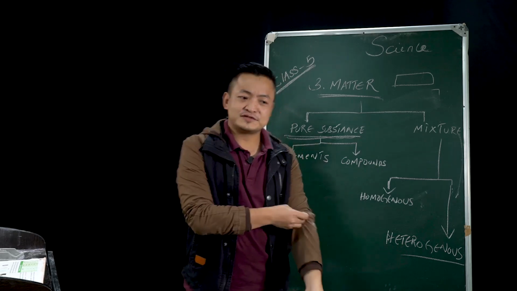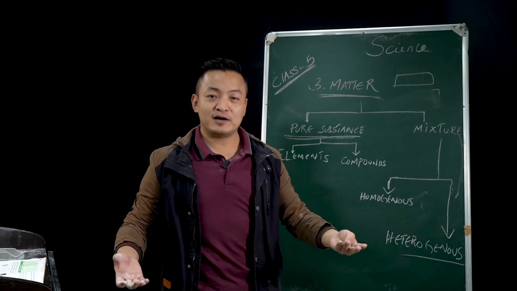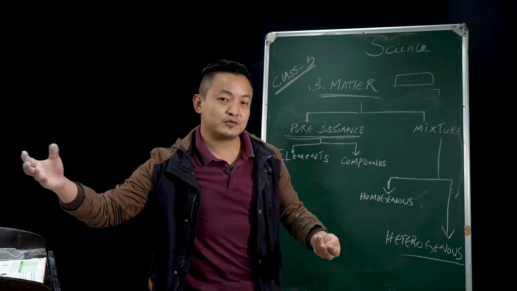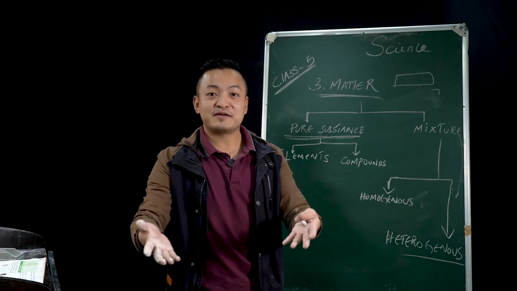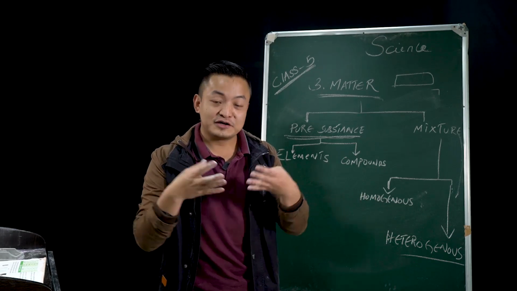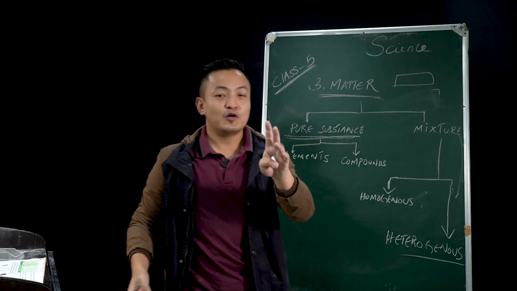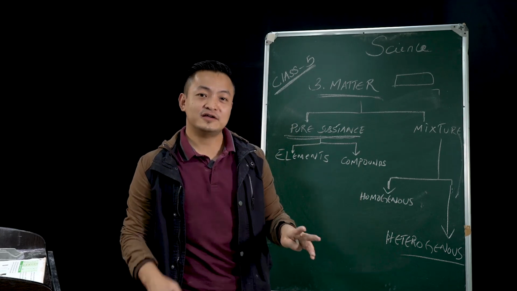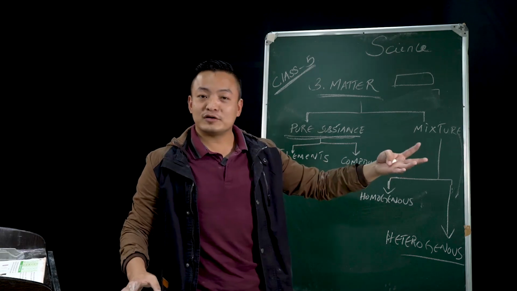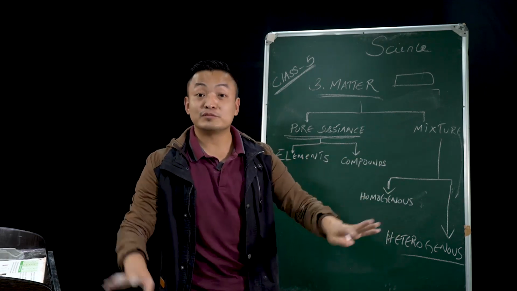Because water, see, water in Kohima, or water in Dimapur, or in Mokokchung, or any district would be the same. It will be composed of 2 hydrogen atoms and then 1 oxygen. Or in any part of the world, water in China and water in India will be the same.